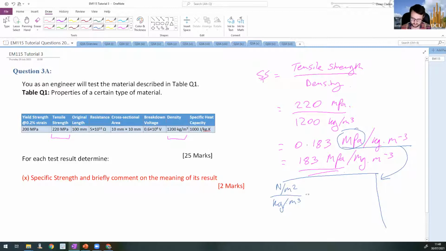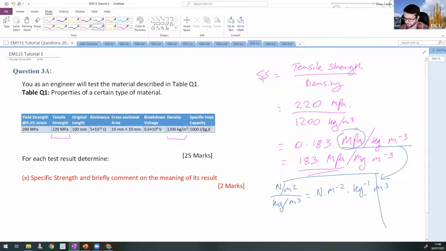So if we put all that on the same line, it's newtons by meters to the minus 2 because it's below the line, and kilograms to the minus 1 again because it's below the line, and then this meters cubed is below the line, comes above the line, so it's going to be meters cubed.